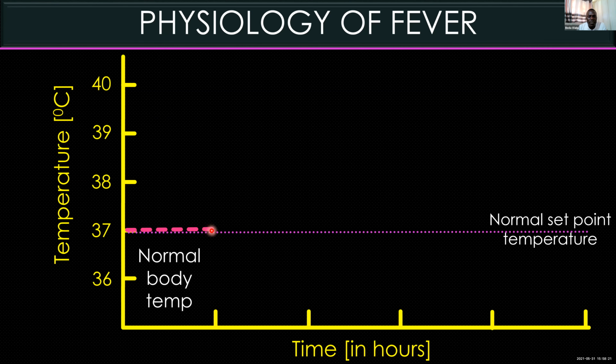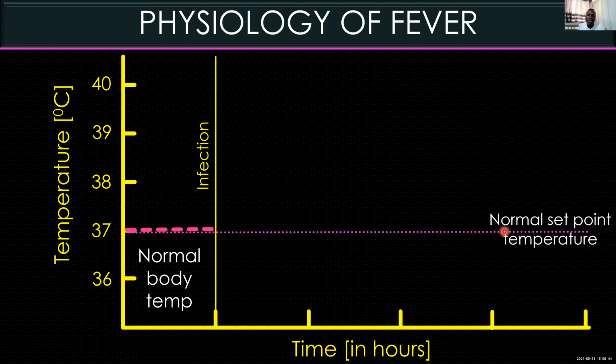Now, sometimes then we may get an infection. Infections that cause fever are called pyrogenic infections. So this infection, what they do is this. You see this thing here, the 37.0 set point temperature.